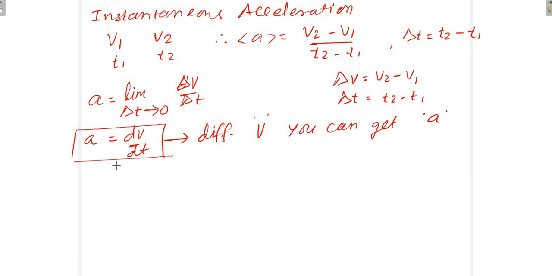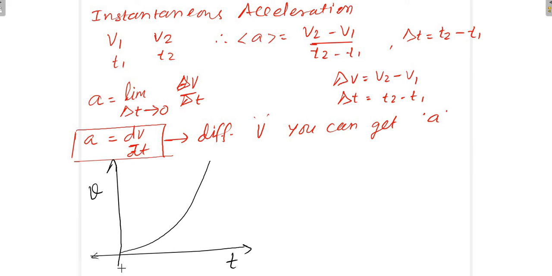Also, if you have a VT curve, something like this, right? Then instantaneous acceleration is nothing but a tangent to the point. Suppose this is the point at which you want to calculate the instantaneous acceleration. So just find out the tangent at this point, and slope of this line is going to give you the instantaneous acceleration.